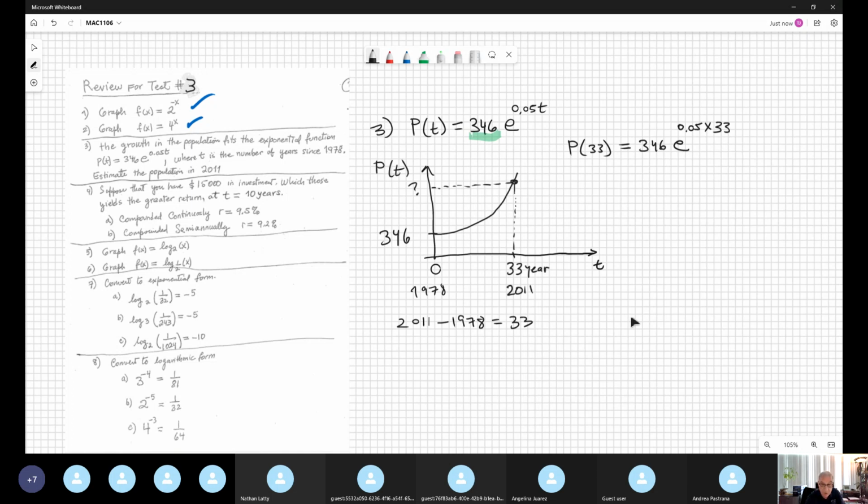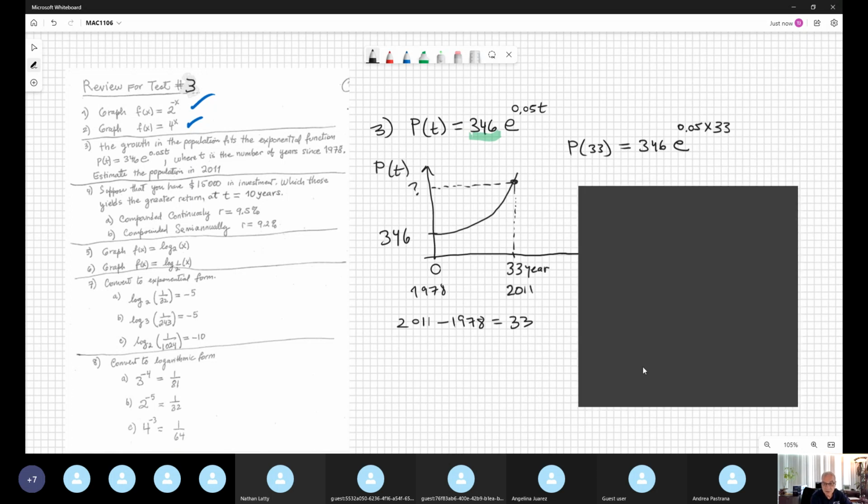I want to copy on a piece of paper: 346 times exponential, and the exponent is 0.05 multiplication by 33. Okay, cool. I open my calculator. Let me try to do my best. I want to share this screen, and you let me know if you see it or not.